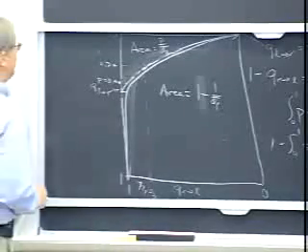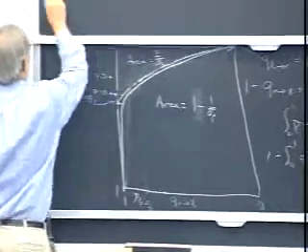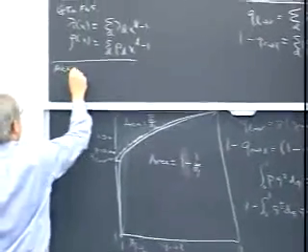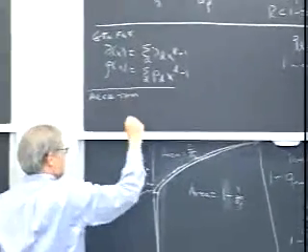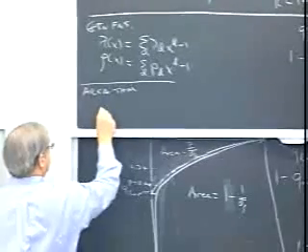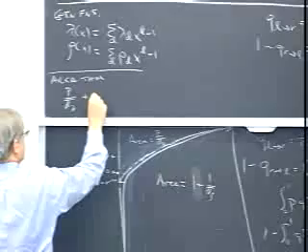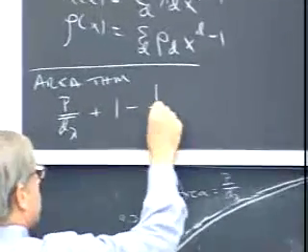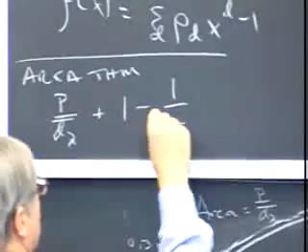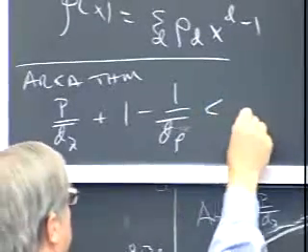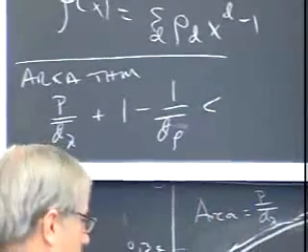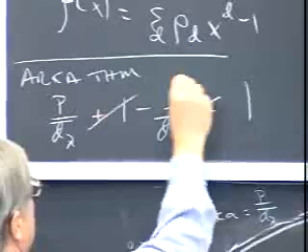And so, again, the area theorem: in order for these curves not to cross, we've got to have p over d lambda bar plus 1 minus 1 over d rho bar less than the area of the whole exit chart, which is 1.